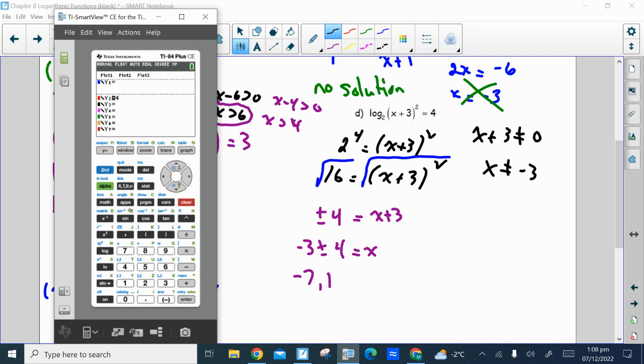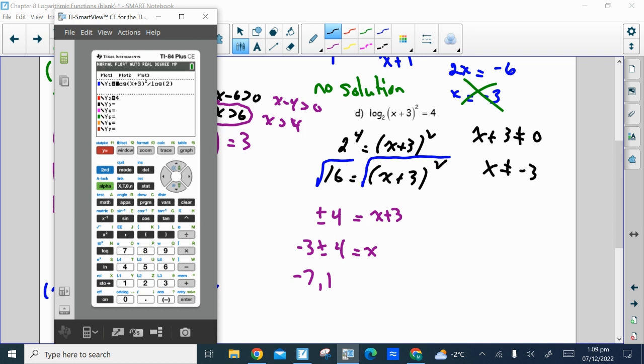Let me try it again. Log of x plus 3, I'm using the change of base identity. So it's log of x plus 3 all squared divided by the log of 2. Same graph. Okay, let me try something else here.